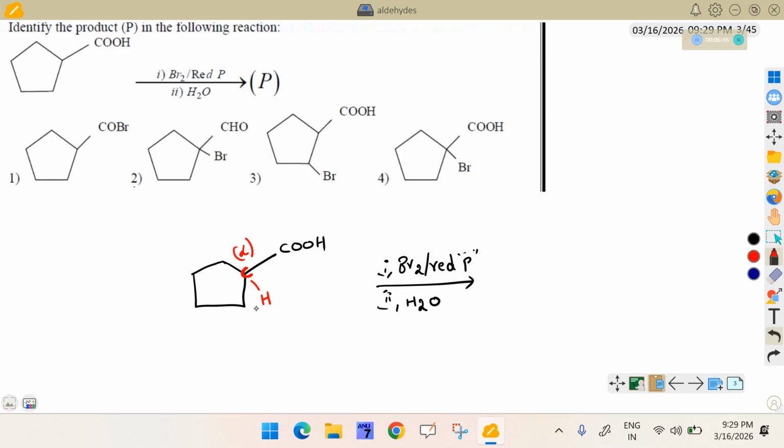The alpha hydrogen atom reacts with bromine in the presence of red phosphorus. This is considered the HVZ reaction. Remove the alpha hydrogen atom, and in its place substitute a bromine atom. So, the correct option is the fourth option.